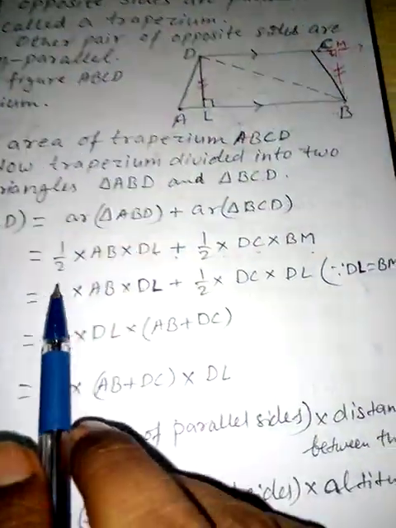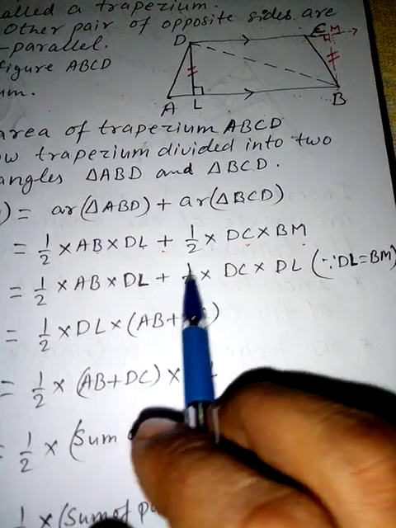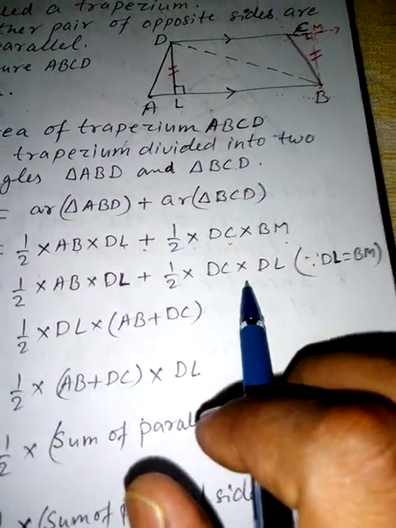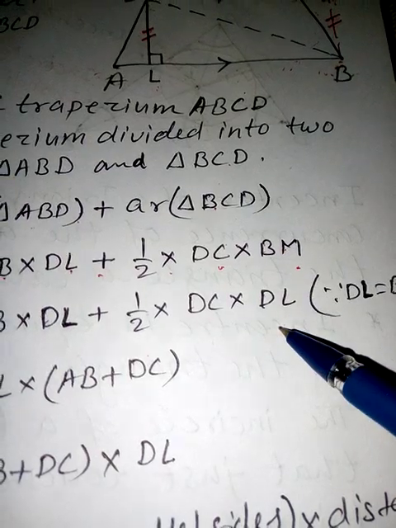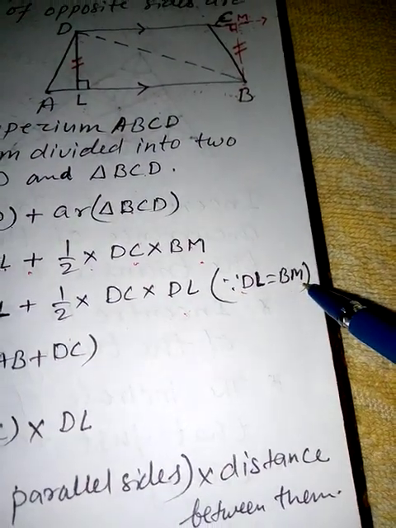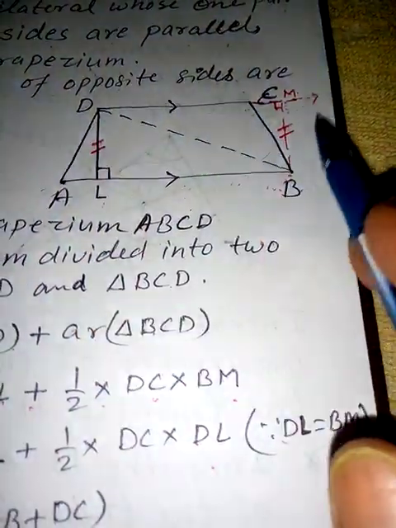Now 1/2 AB into DL as it is, plus 1/2 DC into DL. BM is changed into DL because DL and BM are both equal. You can see in the figure.